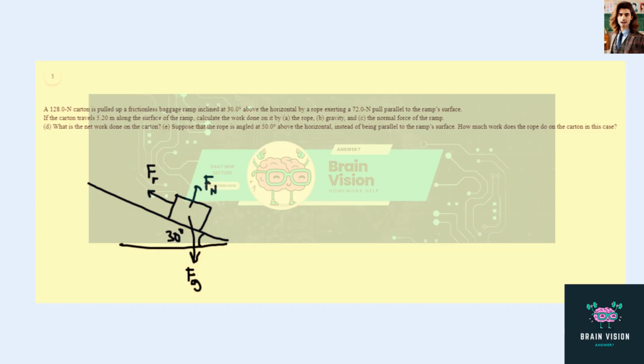One thing that is given to us in the problem is that this F sub r is causing a displacement. The direction of the displacement is up the inclined plane. Let's use the letter S to refer to the displacement vector. If the initial position is something like this, then the final position of the carton would be up there, so this is the direction of the displacement vector.